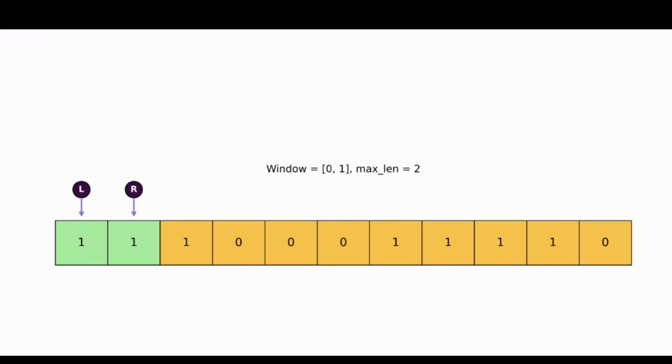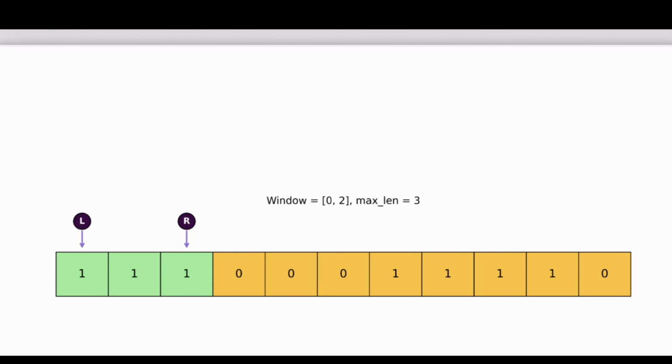So we increase our right pointer, we can see that our window is here, and the maximum length in the previous step was 1. Here we have 2, so we update our maximum length, and the start and end of our window are 0 and 1, and here the count is still 0, since in our window we don't have any 0. So we move our right pointer to the next one.